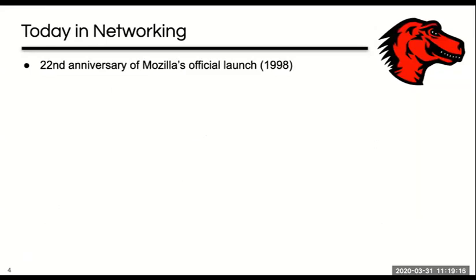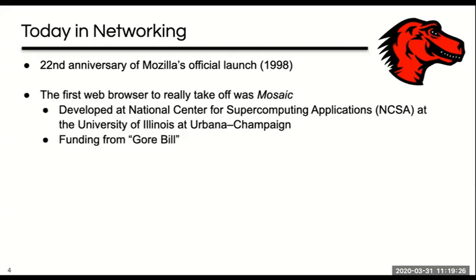Today in networking, 22 years ago was the official launch of Mozilla. And a little history here is that like the first web browser that was really successful was called Mosaic. And it was in part funded by the Gore bill. It's part of the reason why there's the joke about Al Gore saying that he invented the internet, which he didn't actually say.